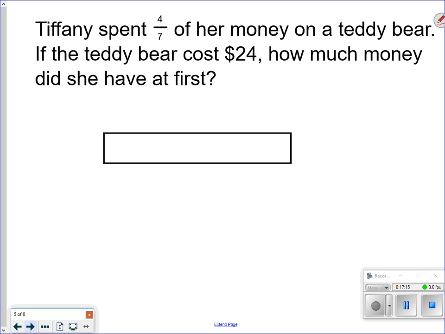Okay, so this is like the magic number. Tiffany spent 4/7 of her money on a teddy bear. So how many pieces is your bar going to have? 7. Seven pieces, 6 lines, 7 pieces.